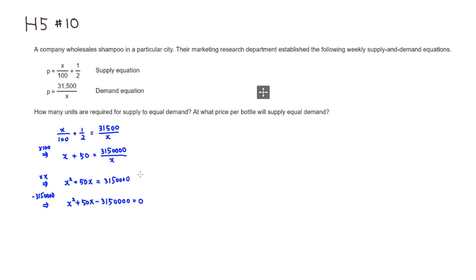So we are trying to come up with a number so that we have this. Maybe I'm going to just use the quadratic formula here.